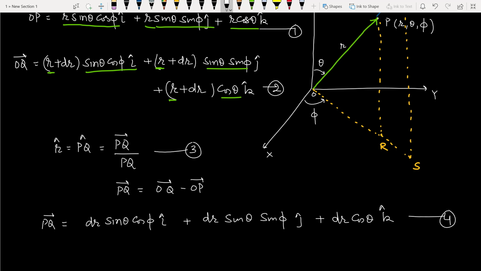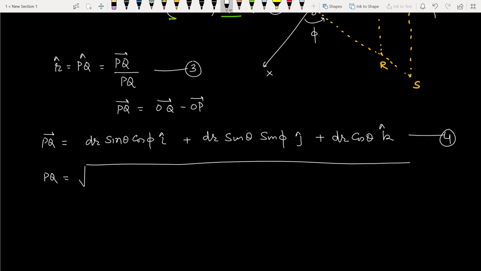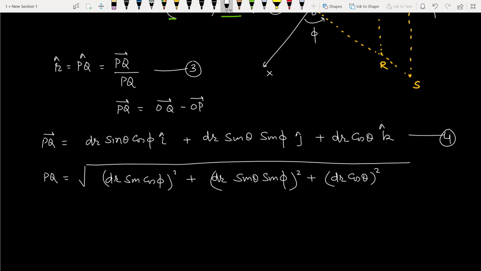So this is my PQ vector, and now I will find its magnitude. How do we find the magnitude? Square root of the coefficient of i cap squared, plus the coefficient of j cap squared, plus the coefficient of k cap squared.